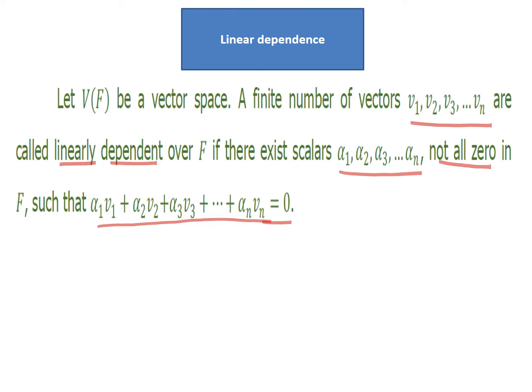The linear combination should be 0, but at least one of the alphas should be non-zero. Then we say that these vectors v1, v2, etc., vn are linearly dependent.